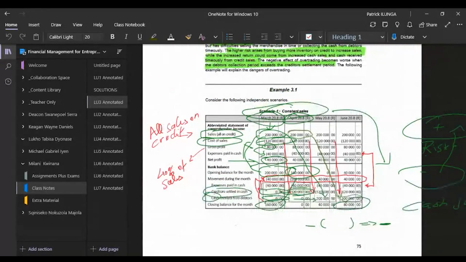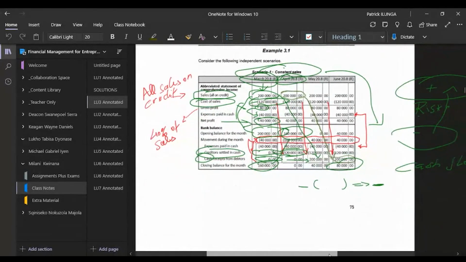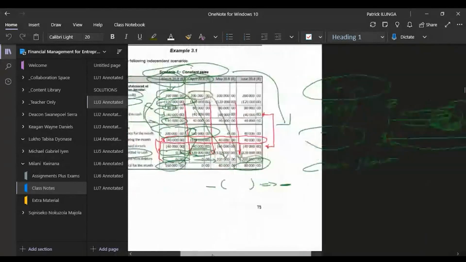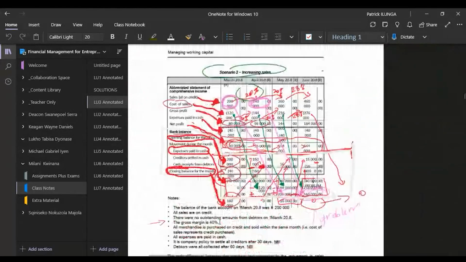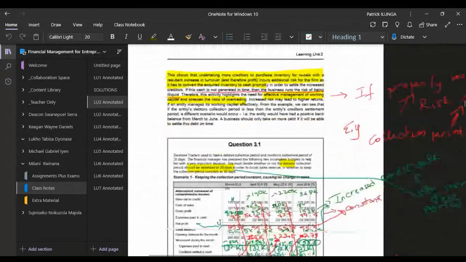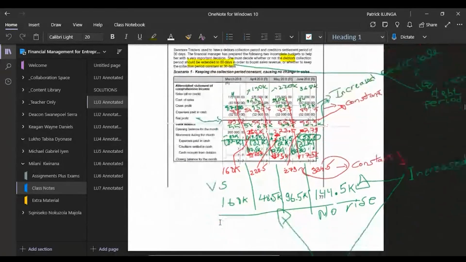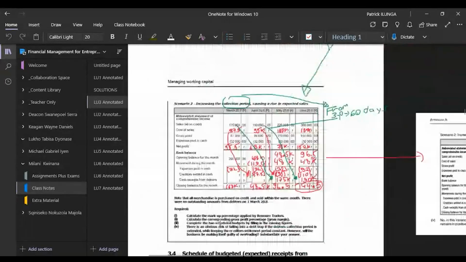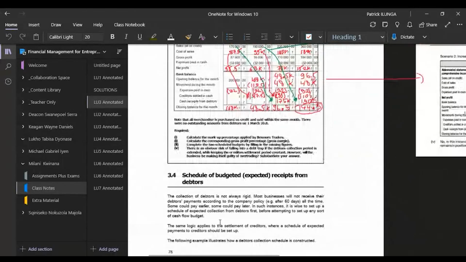Is this the example that you find in your textbook, the one that I'm showing you on the screen, or is it in the question section? It's in the question section. I know the answer because obviously it's in the textbook, but I'm not sure how to calculate it because they don't show you the working out.